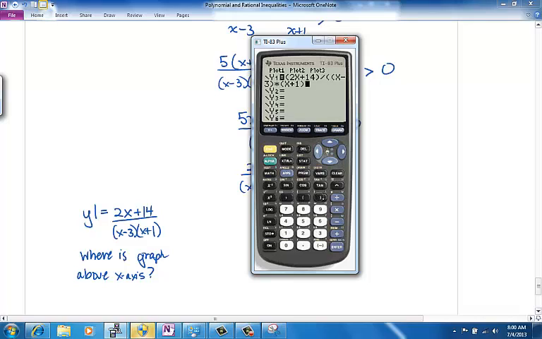So you want to make sure you get it just like that. And let's just do ZStandard and see how it looks.